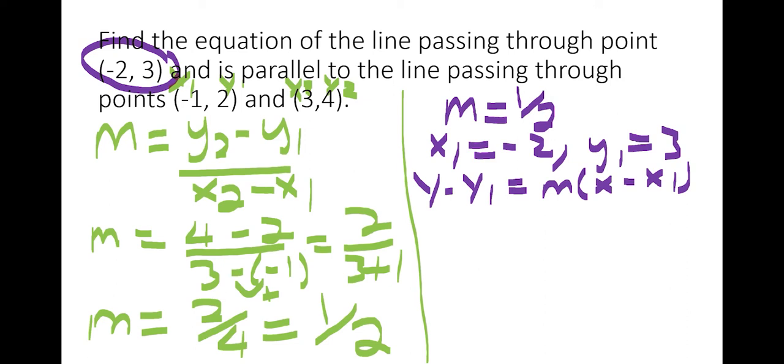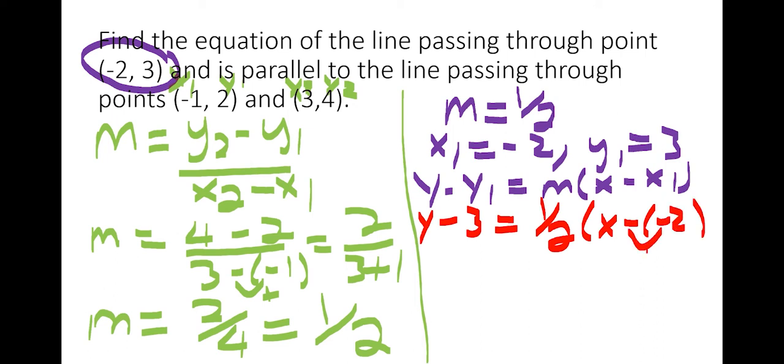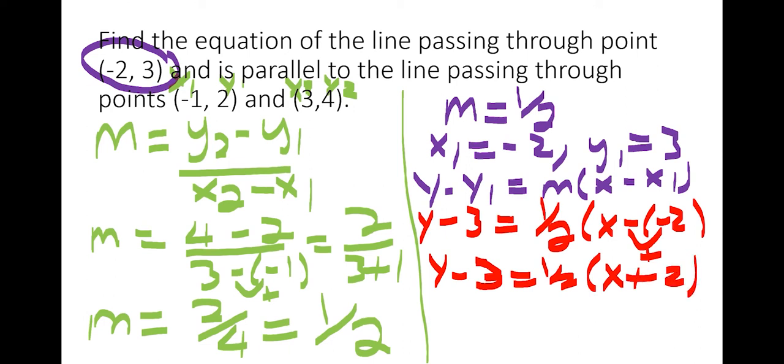You have y minus 3 equals 1/2 times x minus -2. This becomes a plus here. So you have y minus 3 equals 1/2 times x plus 2.